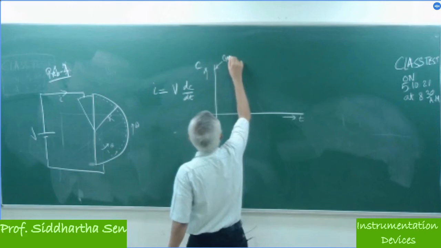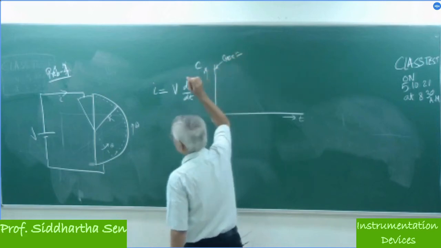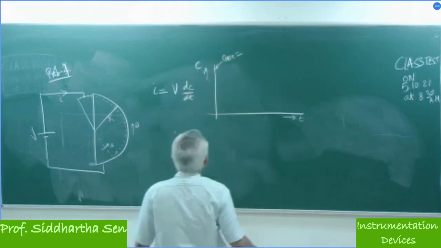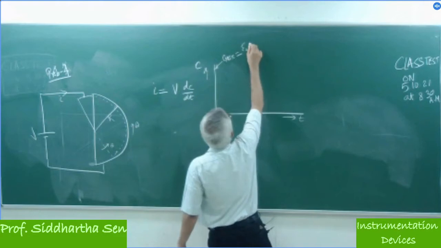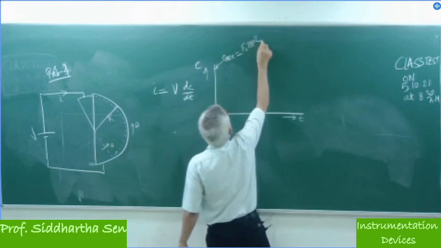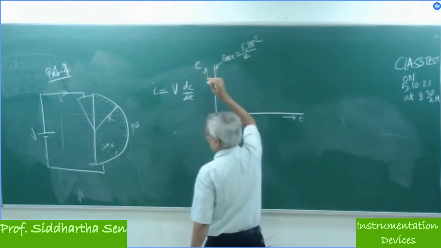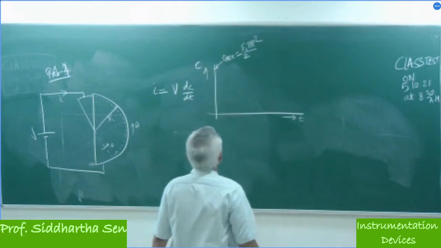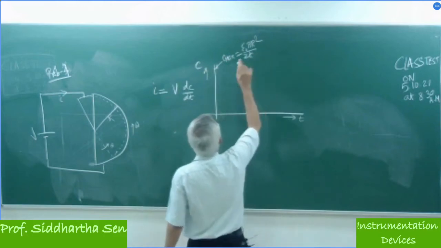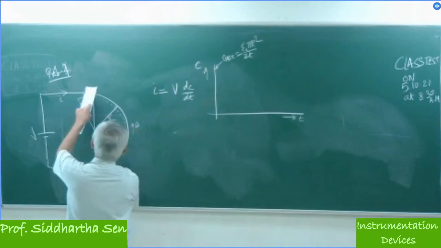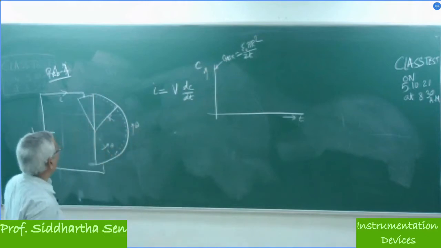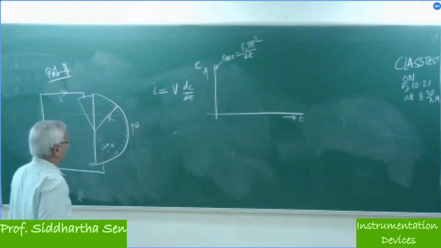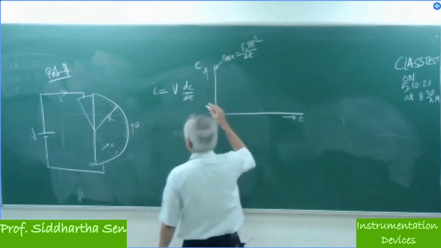Because the capacitance will be maximum, it will be equal to epsilon 0 into area, that is pi r square, it is semicircular so divided by 2, over 2t. If they are completely one above the other, the capacitance will be maximum.